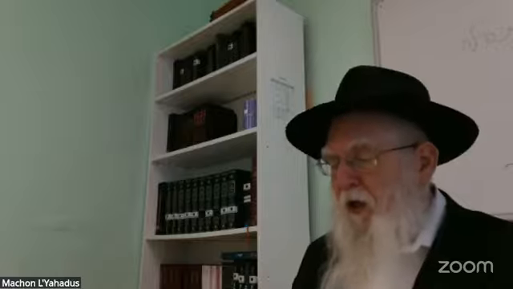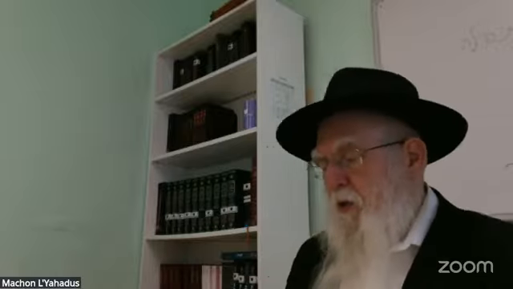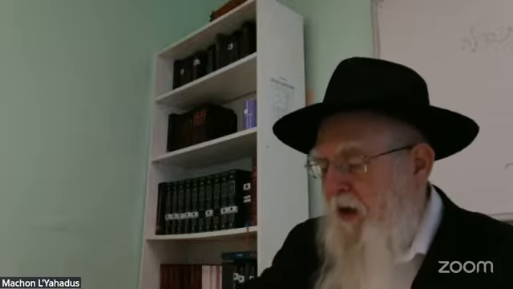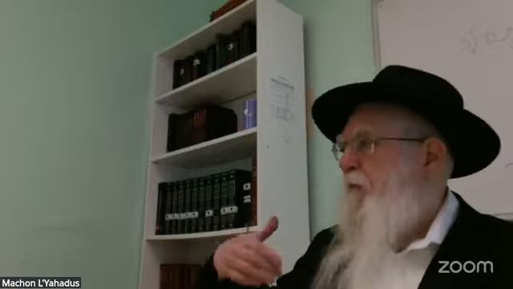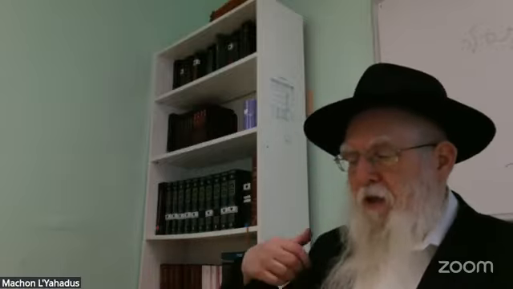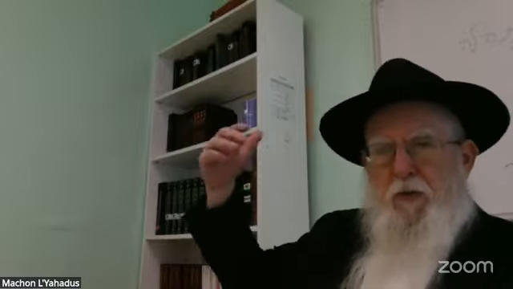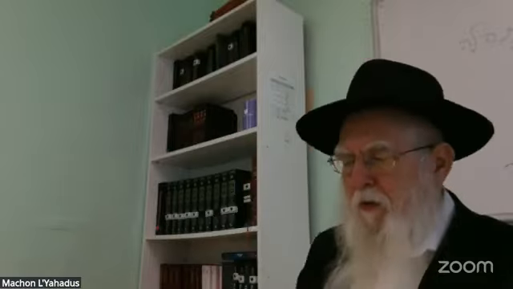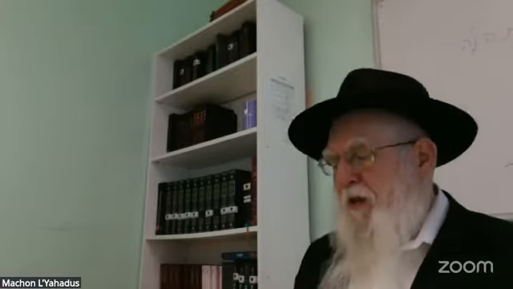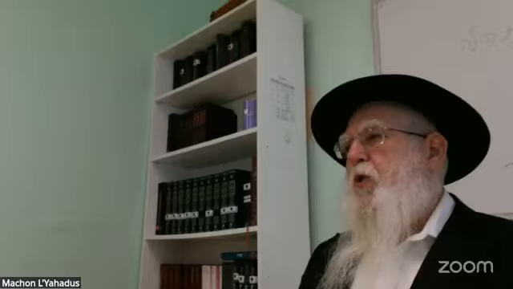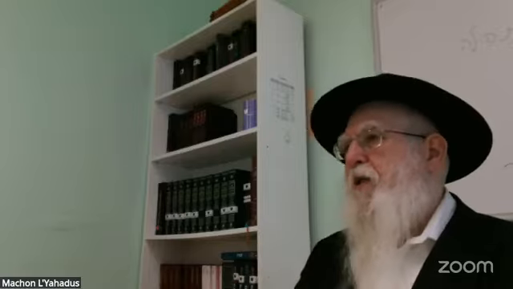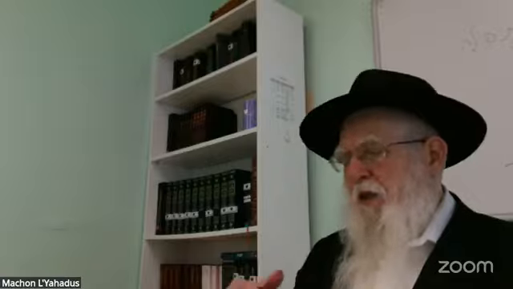Isarusa d'Letata, the first one, means an arousal from below, which means something we do to cause some sort of effect on the spiritual realm. Isarusa d'Le'eila means there's something happening in the spiritual realm that causes a change in me, an arousal from above.